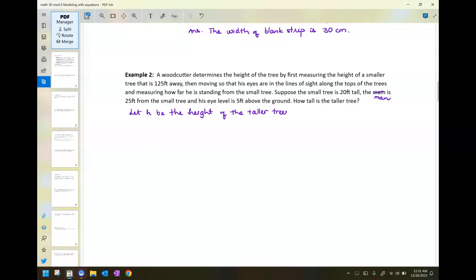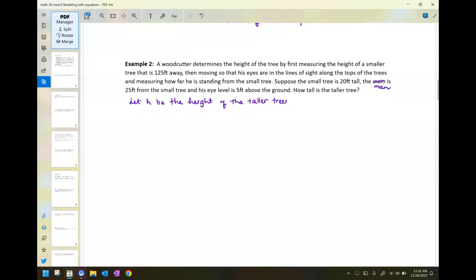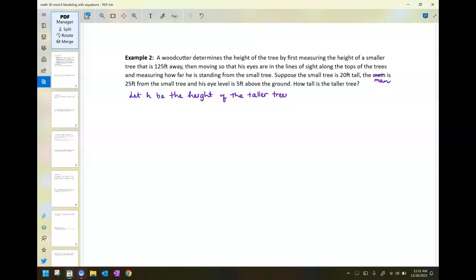So let's go ahead and draw this picture. So he wants to determine the height of the tree by first measuring the height of a smaller tree that is 120 feet away. Okay. So let's see, here we have a bigger tree. And here we have a smaller tree. And this distance is 125 feet.